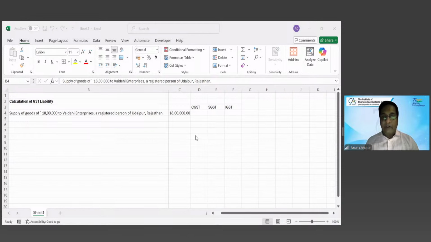Amount will be 18 lakh or 18 lakh 50,000? How much will the amount be?